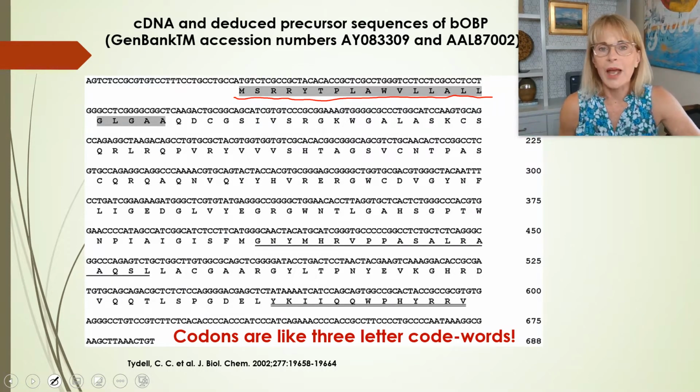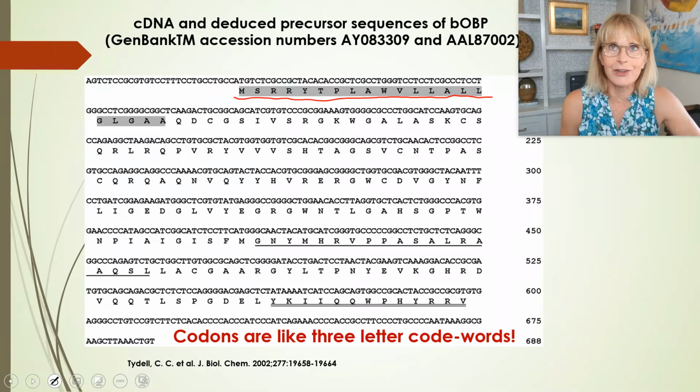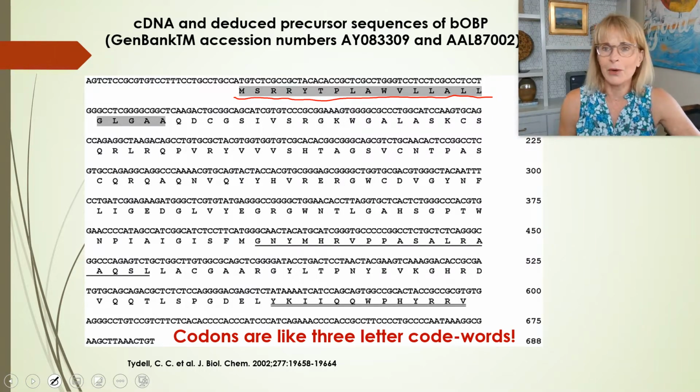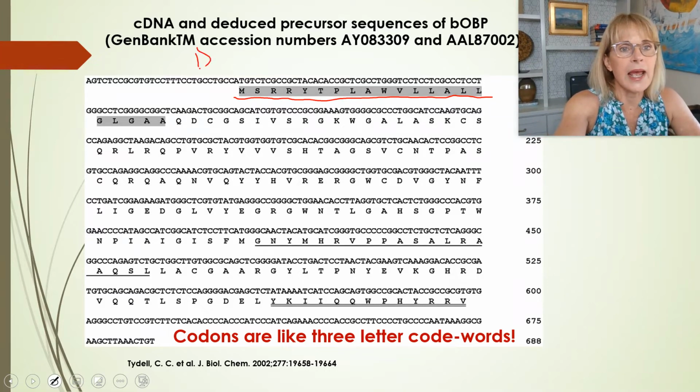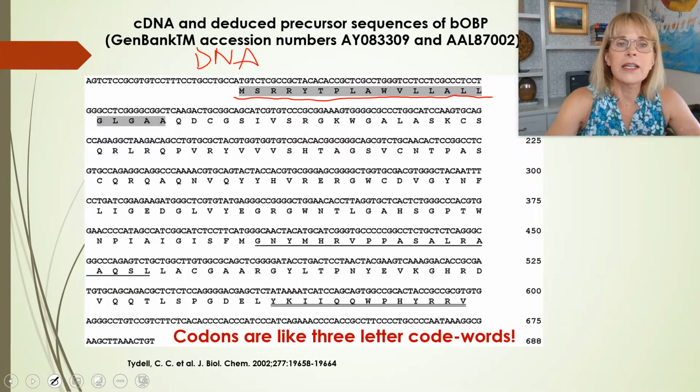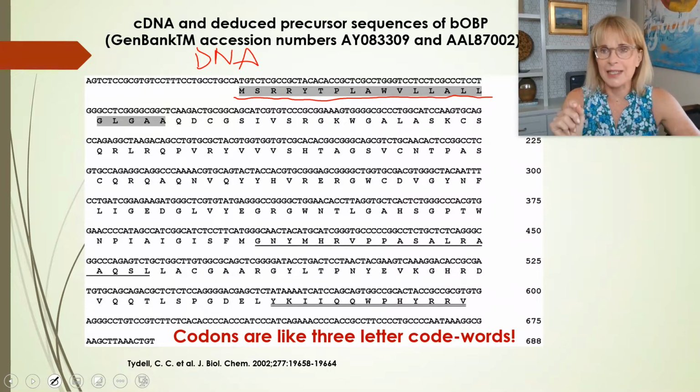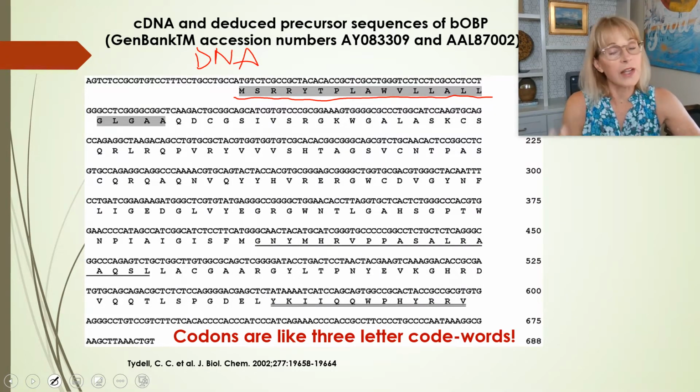So you don't have to worry about the single letter codes for amino acids, but each one of them is one of the amino acids. And what you'll see above it is the DNA, the coding sequence of the DNA for the protein that I discovered.